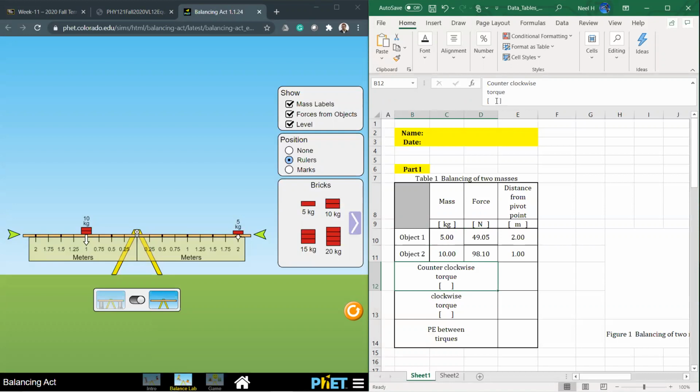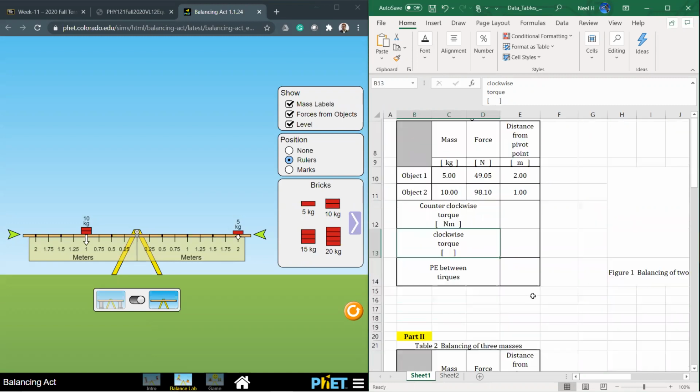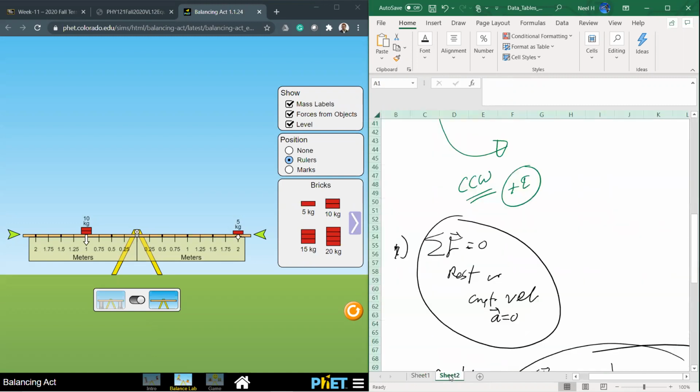Let's calculate the torque. Torque we calculate in Newton meters, and don't put the unit joule for the torque. That is actually meaningless. Okay, there's no meaning at all unless your object is rotating. You can put joules when you take the torque dot product with the theta.